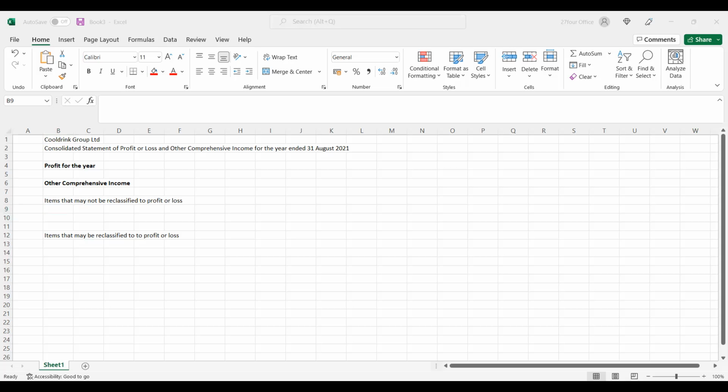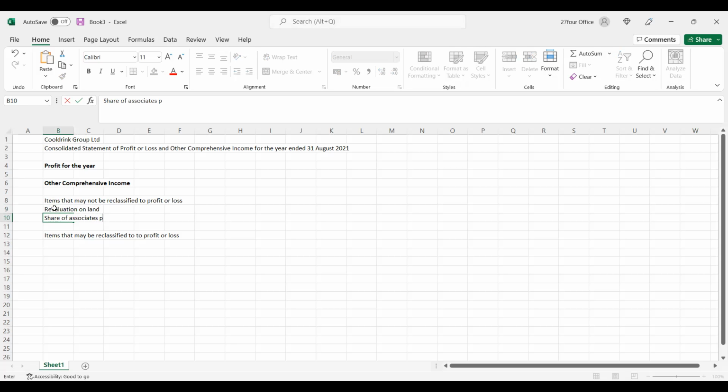So for our purposes, items that may not be reclassified would be revaluation on land, and share of associates' profits. These are ones that cannot be reclassified.